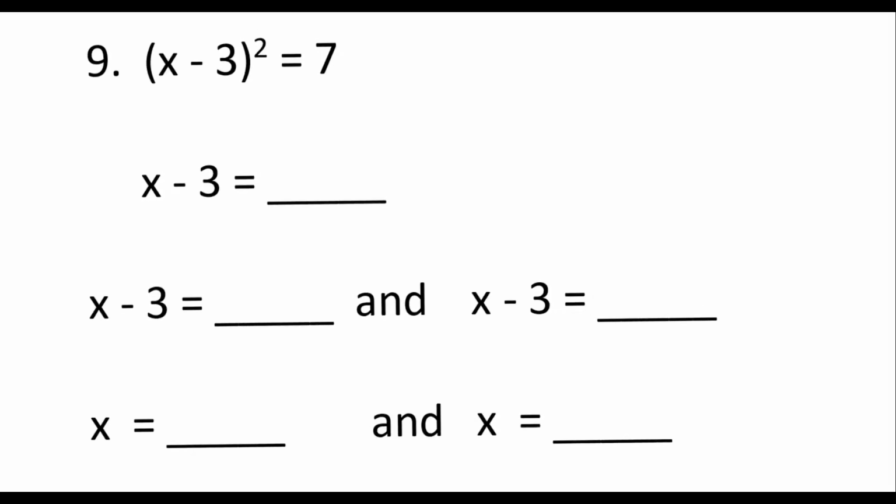On the next one, number 9, we've got x minus 3 squared equals 7. So we take the square root of both sides. X minus 3 is going to be plus or minus the square root of 7. X minus 3 is going to be the square root of 7.